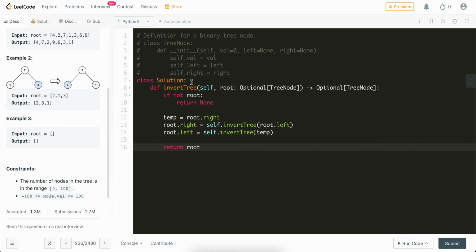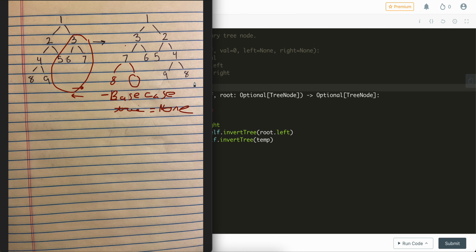And so looking over this, what is our time complexity? Let's derive our time complexity out of this. Well, what are we trying to accomplish? We're trying to swap the trees. So starting at the root, we're going to need to swap this tree with this tree. Swap this tree with this tree. Swap this tree with this tree.